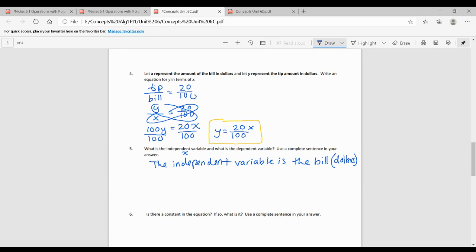That's still not enough. You haven't given me the units, which is dollars. So you could say the independent is X, which is the bill in dollars. And the dependent variable is the tip, again, in dollars.